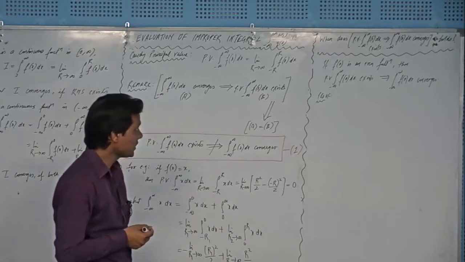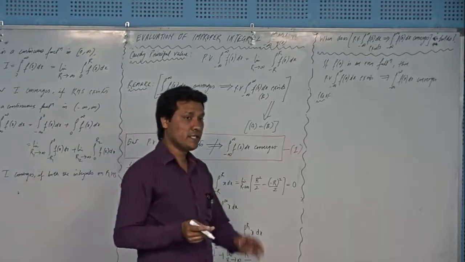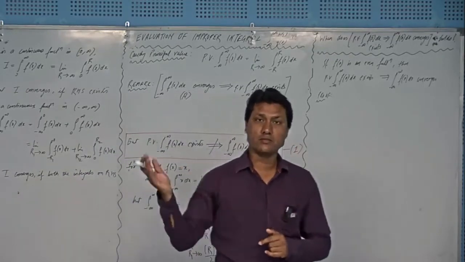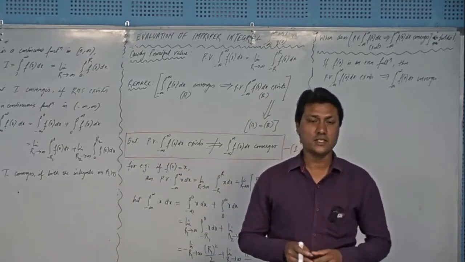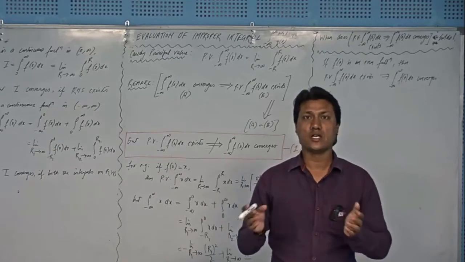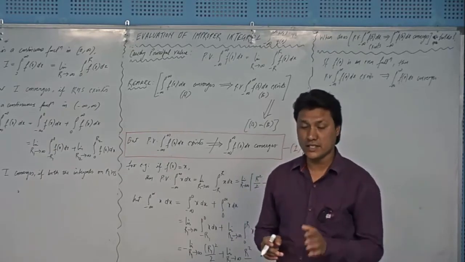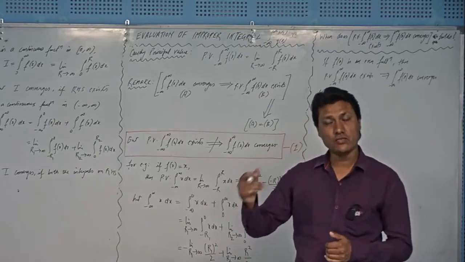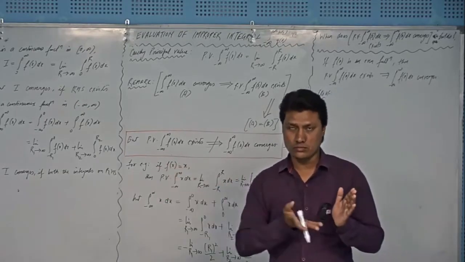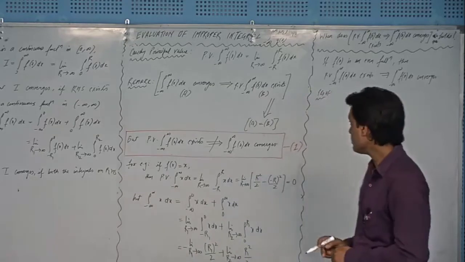And in that case, the area of the left half is equal to the area of the right half. If a graph is symmetrical about the y-axis, obviously the two areas in both halves will be equal. Or we can say that the area in the right half is equal to the area of the left half, which is further equal to half of the area of the whole real line.